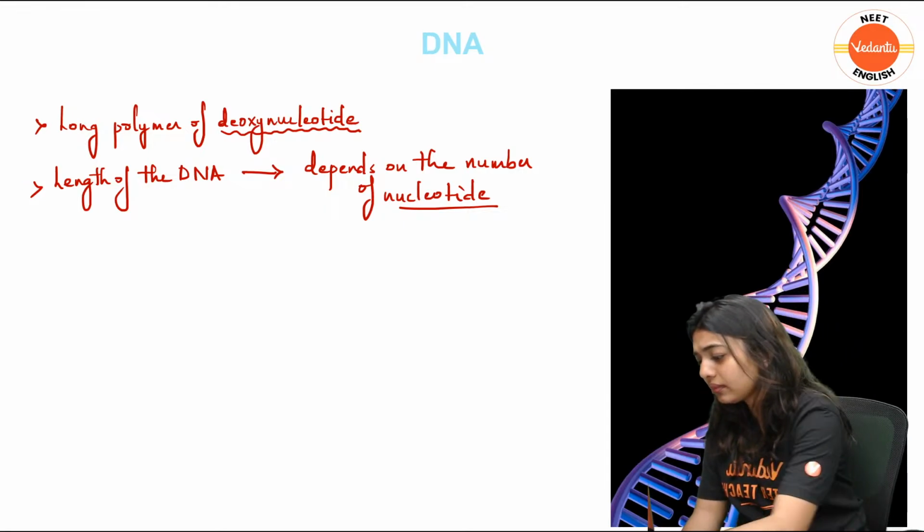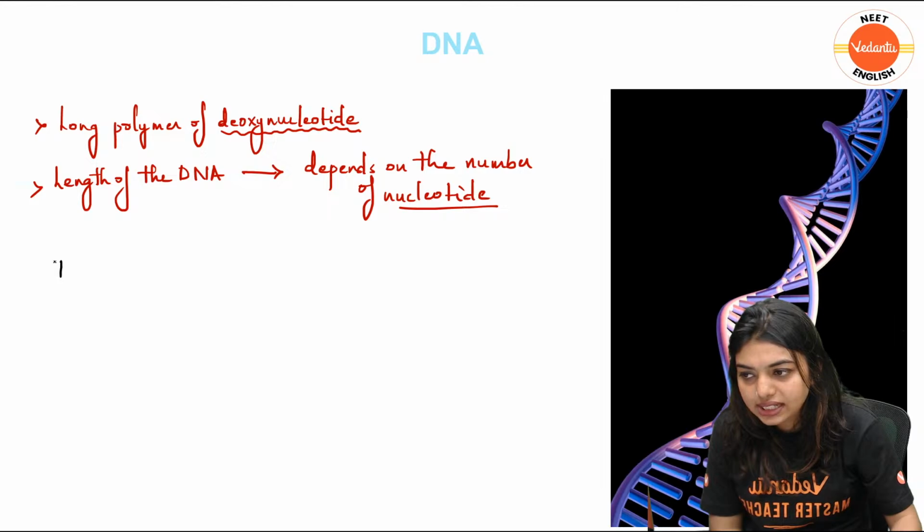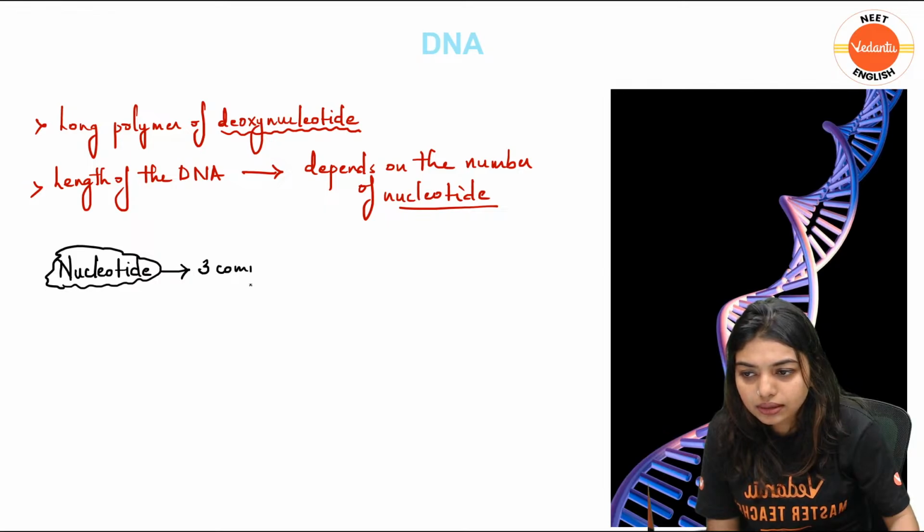Now, this DNA, I told you it is made up of nucleotides. Yes or no? From that time, I have been telling nucleotide, but I have not told what is nucleotide. So, nucleotide basically has 3 components.